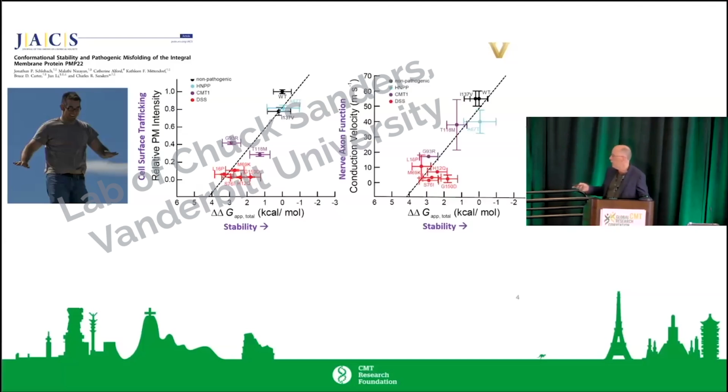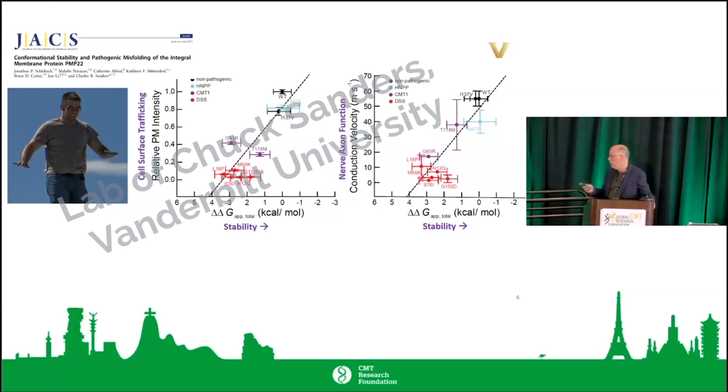We also collected patient nerve conduction velocities from the literature and plotted those versus stability. And once again, you can see a linear relationship: if you have severely destabilized protein, you get very, very low nerve conduction velocities, and it's linear all the way up to wild type-like conditions.